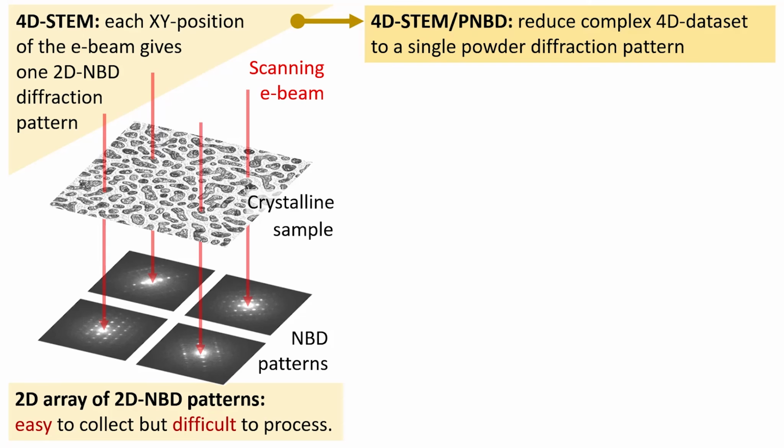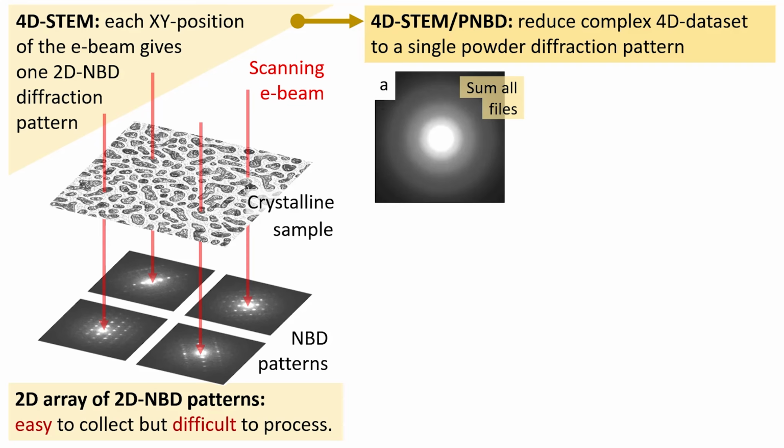We miss some information, but we give the user the possibility to deal with these huge data sets. So what can we do? We can sum all those diffraction patterns, hoping that we'll get the powder diffraction pattern, but alas, we fail, because if we sum our files, due to inelastic scattering and other things behind the scenes, the diffraction pattern looks ugly.